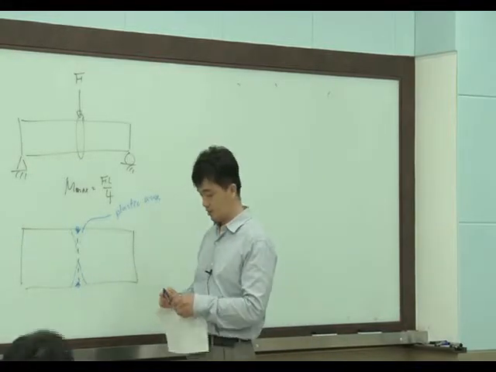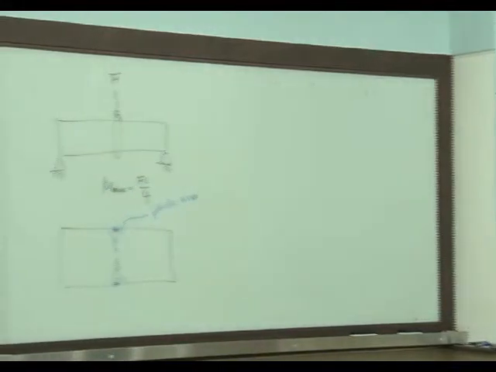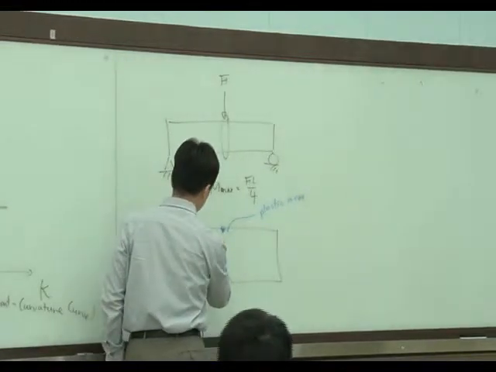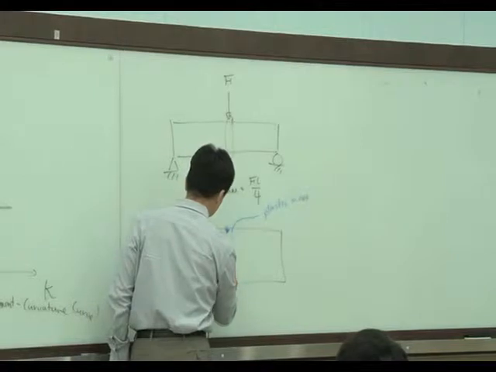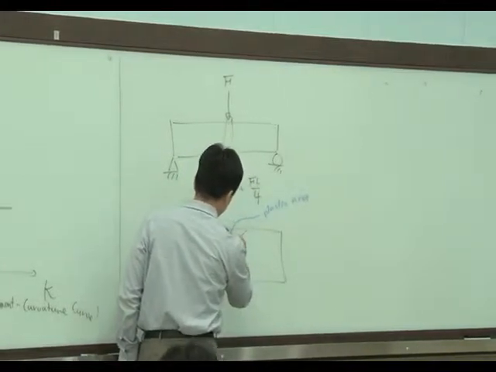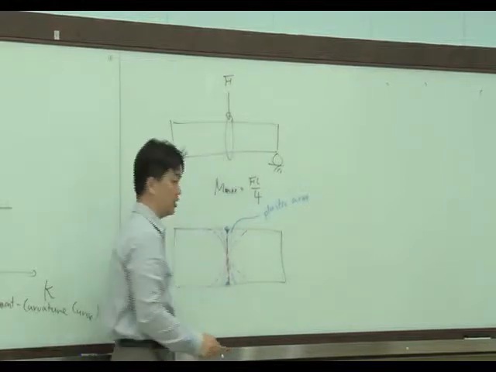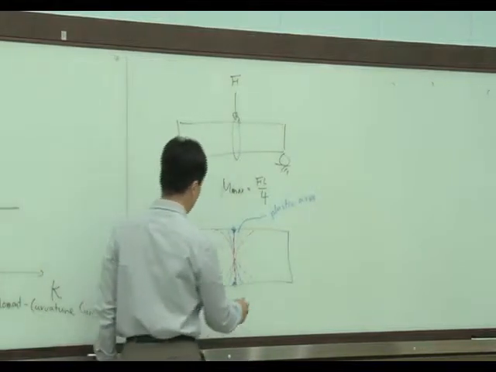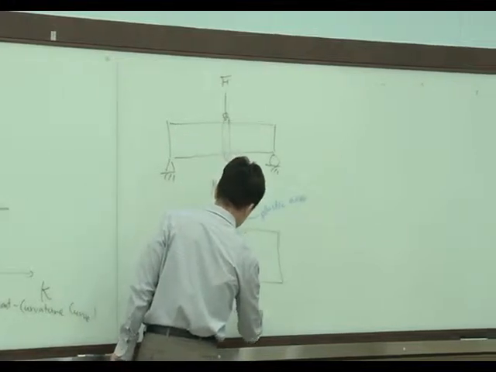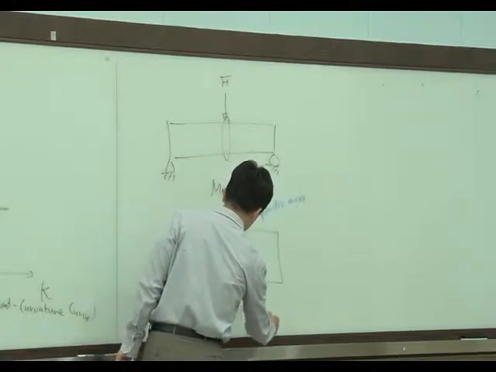And then finally, if this plastic area covers all the cross section at the center, this part becomes a plastic hinge. Here, plastic hinge.